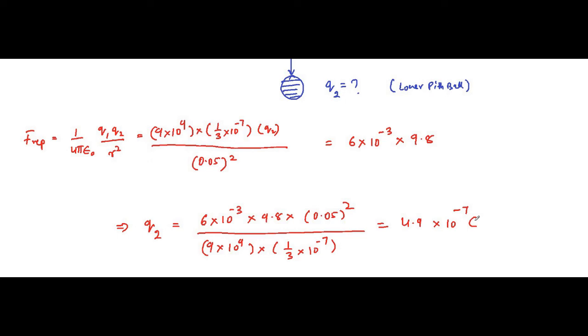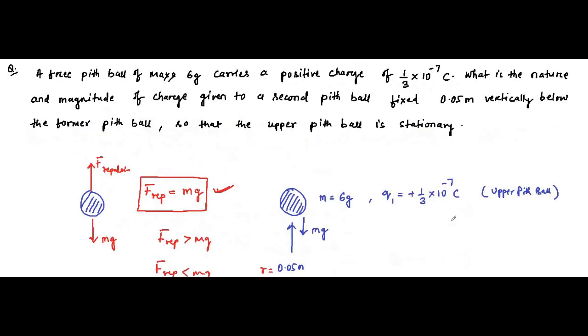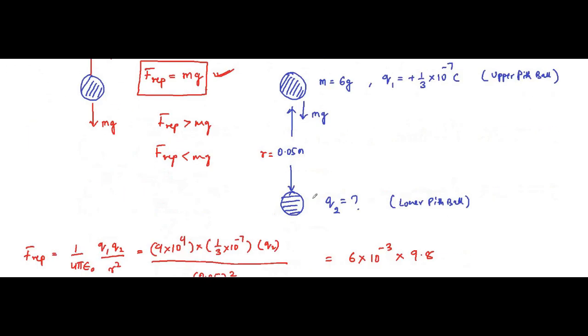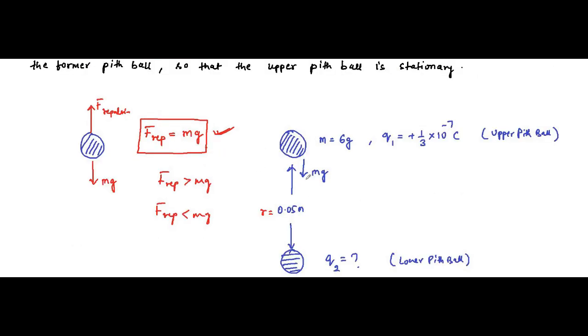Okay, so this is the charge on the lower pith ball, so that the force of repulsion, which is opposite to the gravity force, will exactly counterbalance the downward acting gravity force in the upward direction, and it will keep this upper pith ball stationary.